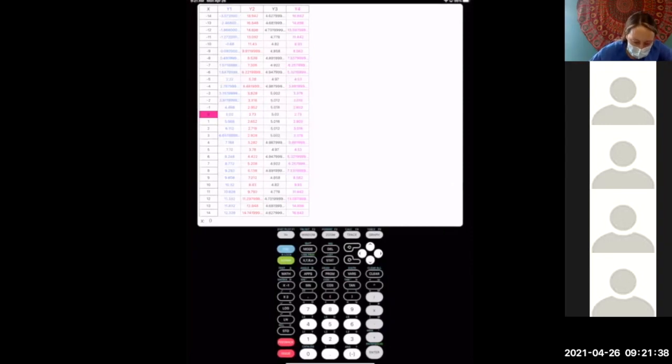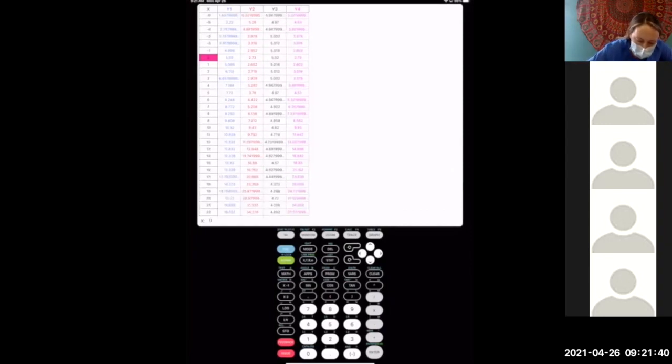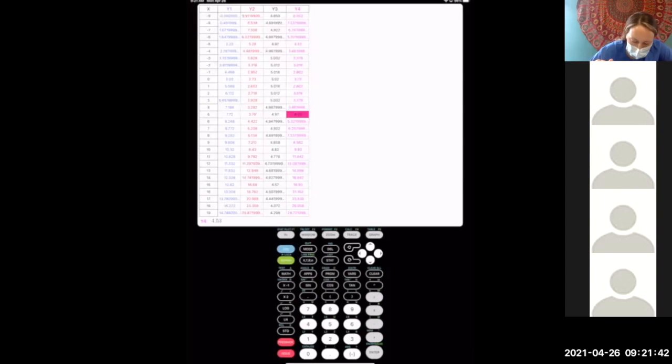So 5, 3, right? So the red one and the purple one are the closest. 10, 10, we've got blue, red, and purple are closest. And then 15, 17, we've got the red is the closest.